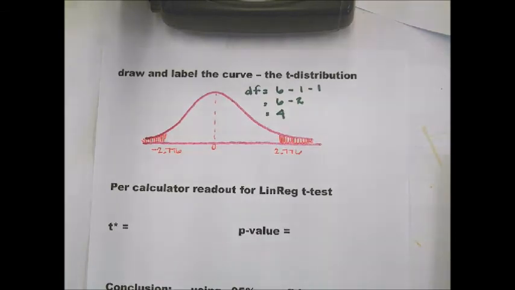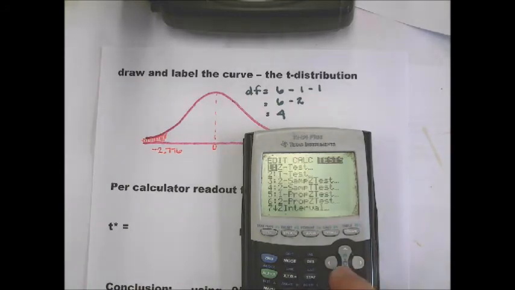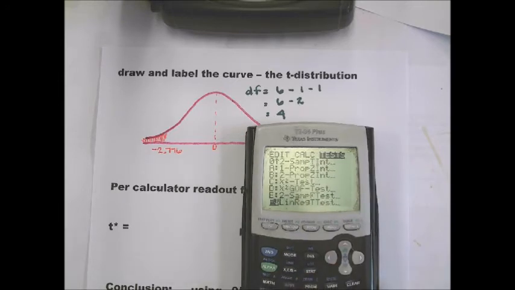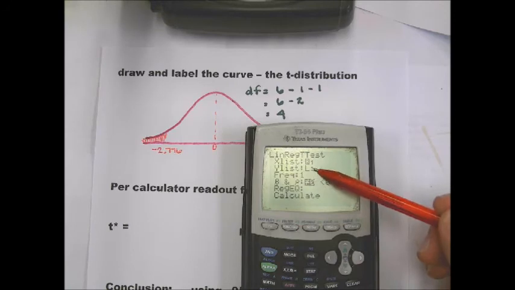All right, now it's time to do the test. It's really simple. It's where all the other tests are. Stat, test, and then just go down to linear regression t-test. There it is. Okay. My X's are in list 1, my Y's are in list 2.